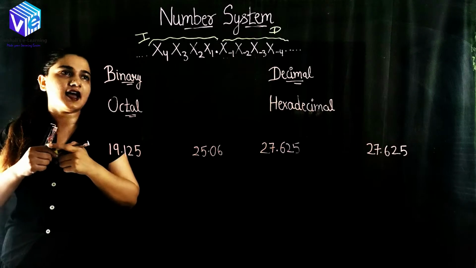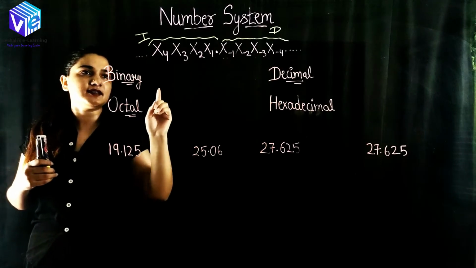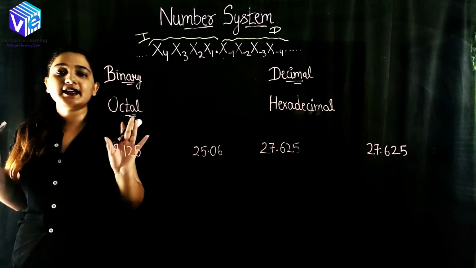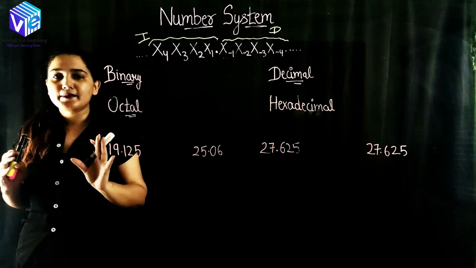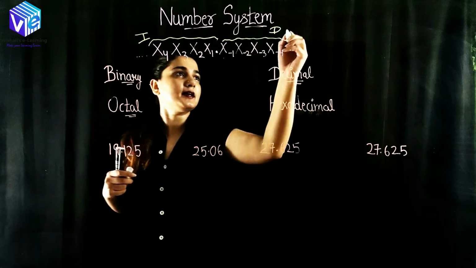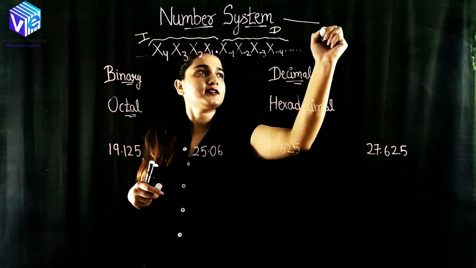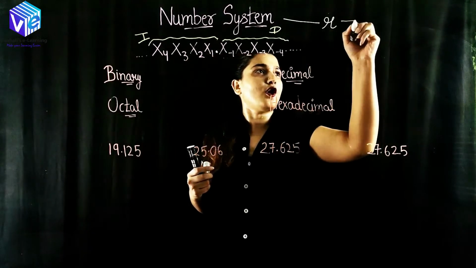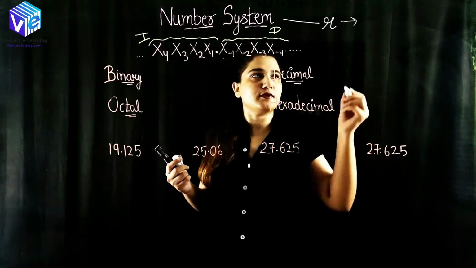So we have two parts in the number system, integer and decimal. How can we represent any number system? Any number system can be represented with the help of a criterion, R. What is R? R is called the radix or the base value.